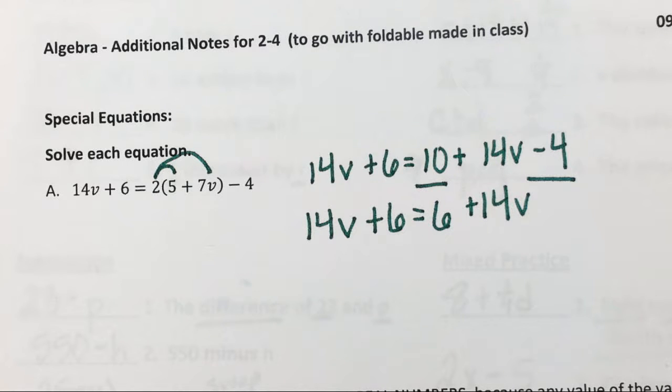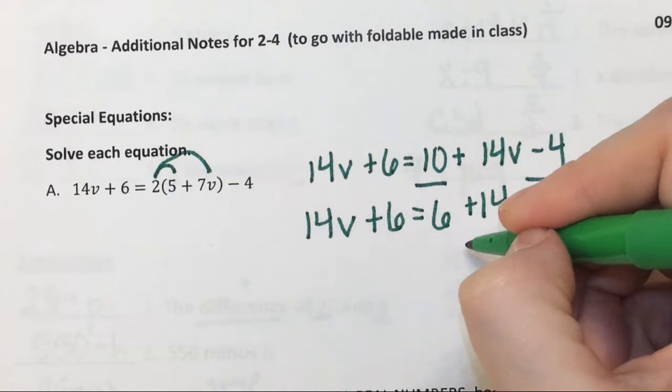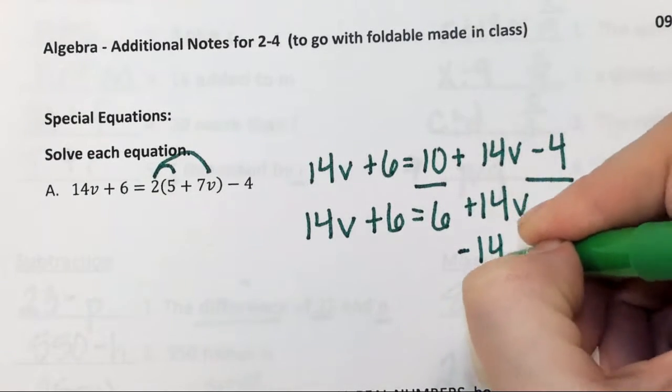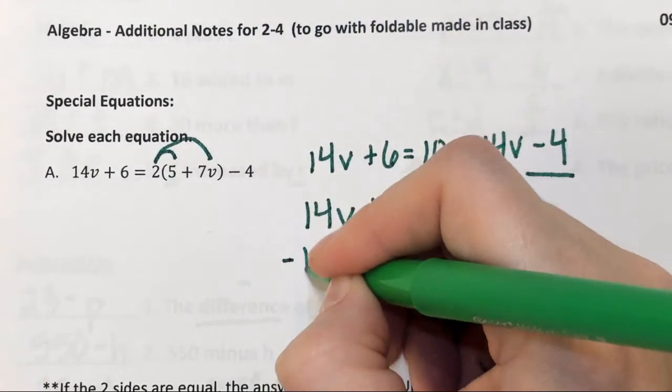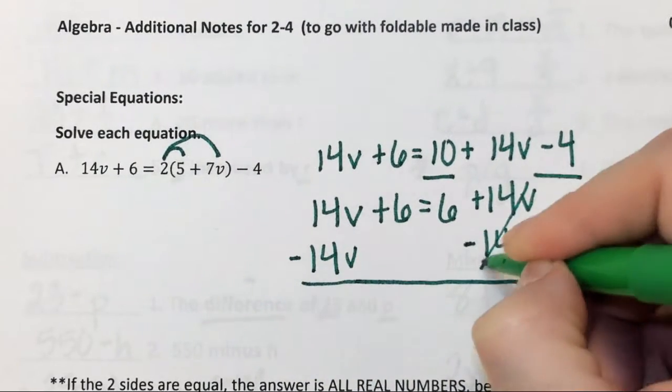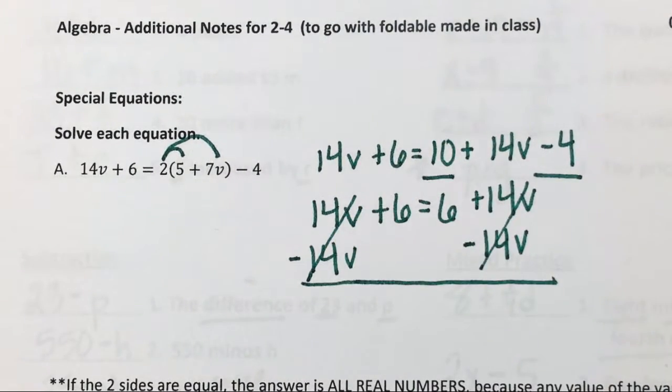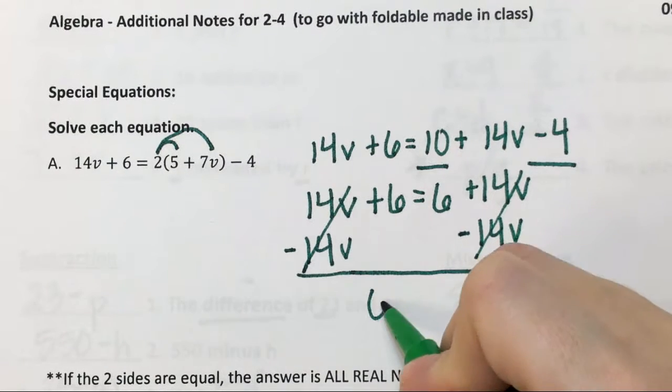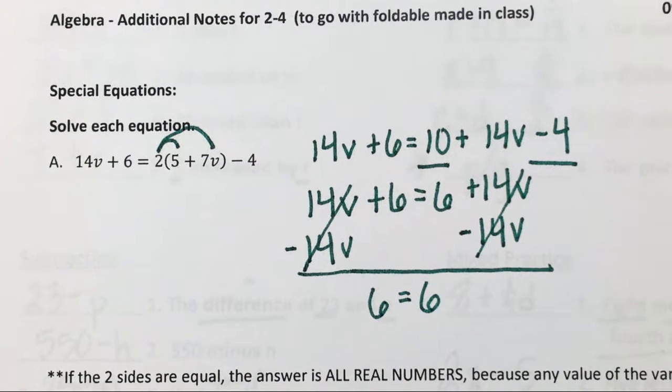My next step would be move variables to one side. Well, when I try to move my variables to one side, look what happens. Both of them are actually going to cancel out. And so I'm just left with 6 is equal to 6.